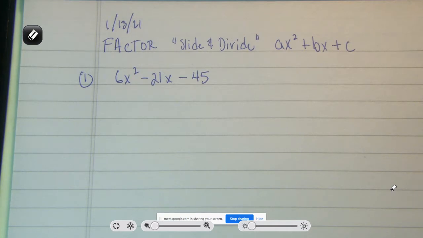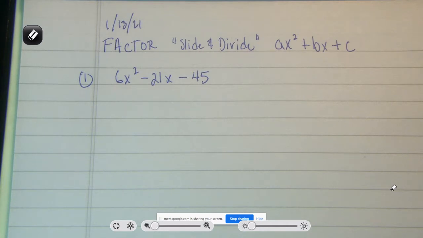Then there were other ways. You could convert this to a factor by grouping problem, but even that is not the easiest way to go about it. Then, when I was first teaching at Jeff County High School, I used a thing called the box method, and I really liked it because it worked really well.